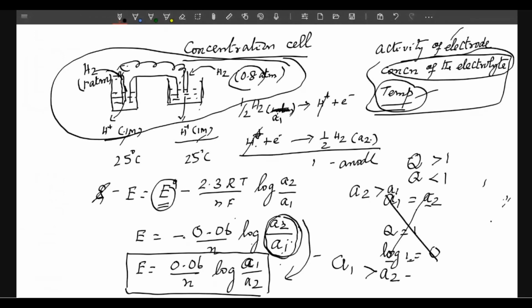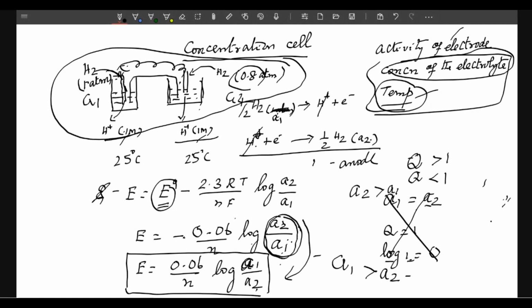Whether the E value of that electrode concentration cell is positive or negative: for a positive value, the activity A1 should be higher and A2 should be lower. Here, 1 atmosphere is the higher activity and 0.8 is the lower activity.